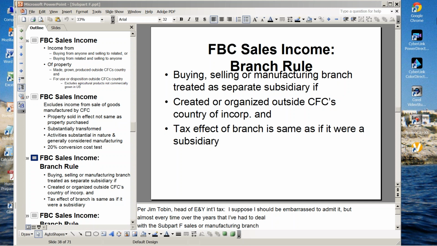I'm going to quote you something from Jim Tobin, who was head of international tax at Ernst & Young for quite a few years. And he wrote this in an article. He said, "I suppose I should be embarrassed to admit it, but almost every time over the years that I've had to deal with the Subpart F sales or manufacturing branch rules, I've had to open the regulations and read through the rules yet again to get myself back up to speed on the details.